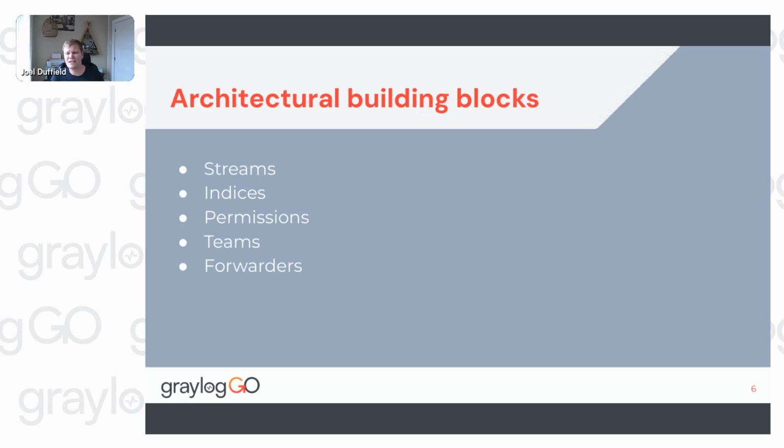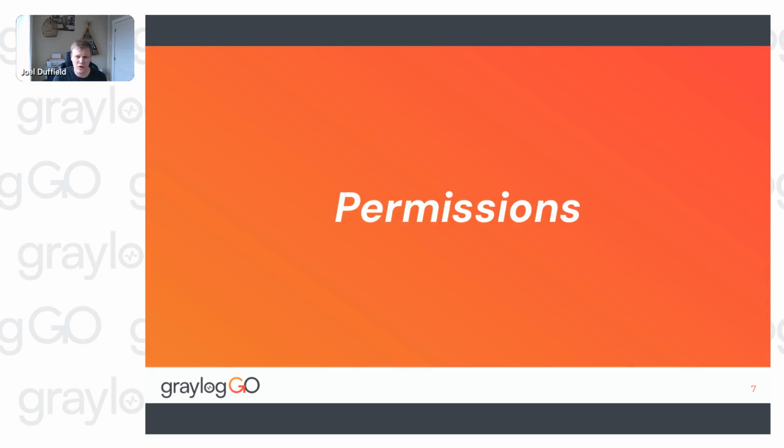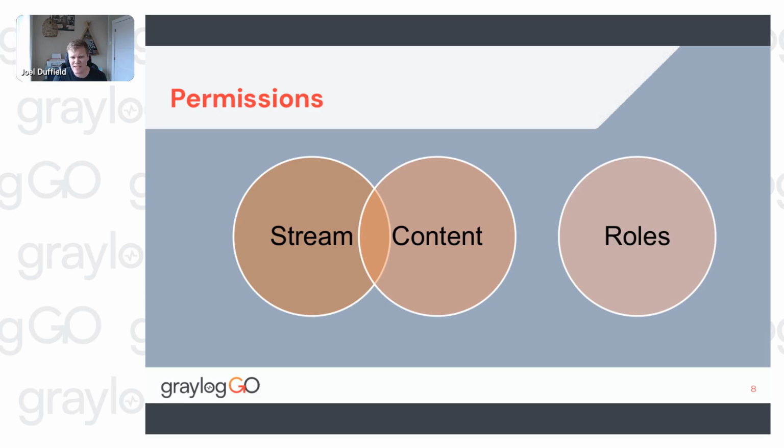First of all, let's dive into permissions, as it is the lowest and most core feature that we're going to need for the rest of this. I've said some of this before, but there is an idea in Graylog that we have these permissions or sharing, and that can apply to the data itself. When I say data and messages, we're going to be applying permissions to the streams.